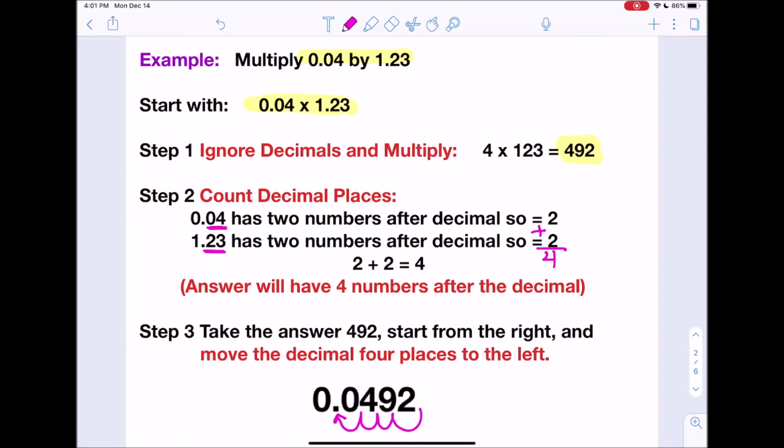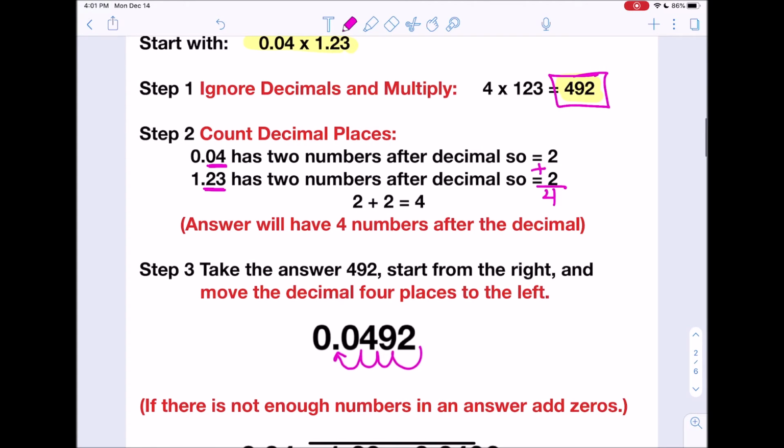Remember, we're adding the number of numbers behind the decimal for both of the original numbers in the problem, okay? So this 4 tells us there will be 4 numbers after the decimal in our answer. And we already know that our answer is 492.